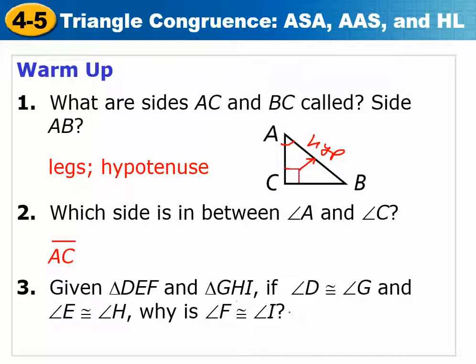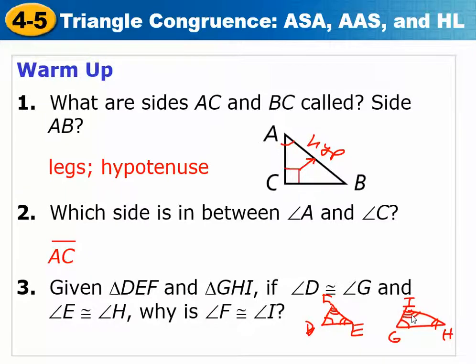In number 3, it says, given triangle DEF and triangle GHI, if angle D is congruent to angle G and angle E is congruent to angle H, why must angle F be congruent to angle I?